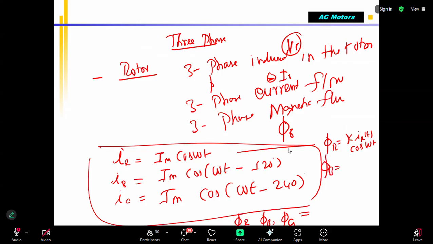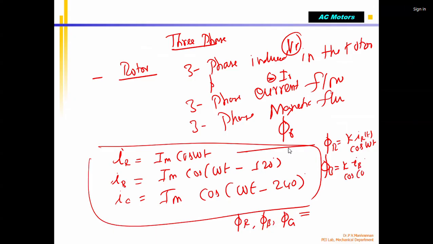Phi B is going to be K, which is called the magnetic constant, into IB into cos omega t minus 120 degree. Automatically phi G is going to be K into IG into cos omega t minus 240.